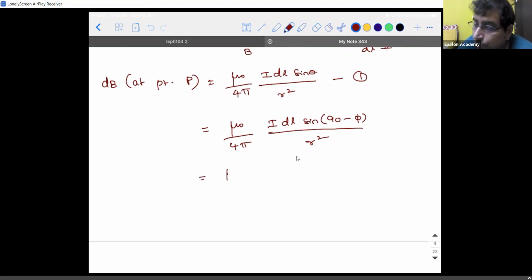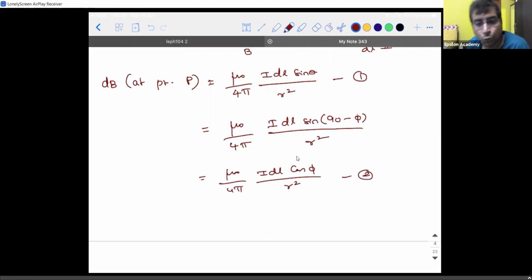Correct? So mu naught divided by 4 pi into I dl into sine 90 minus phi is cos phi, the whole divided by r square. This is the value of magnetic field at a particular point. Let me call this equation number 2.